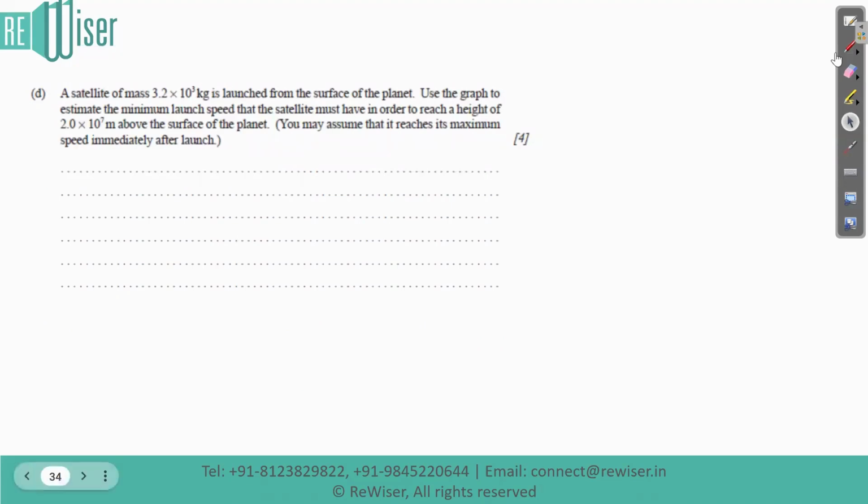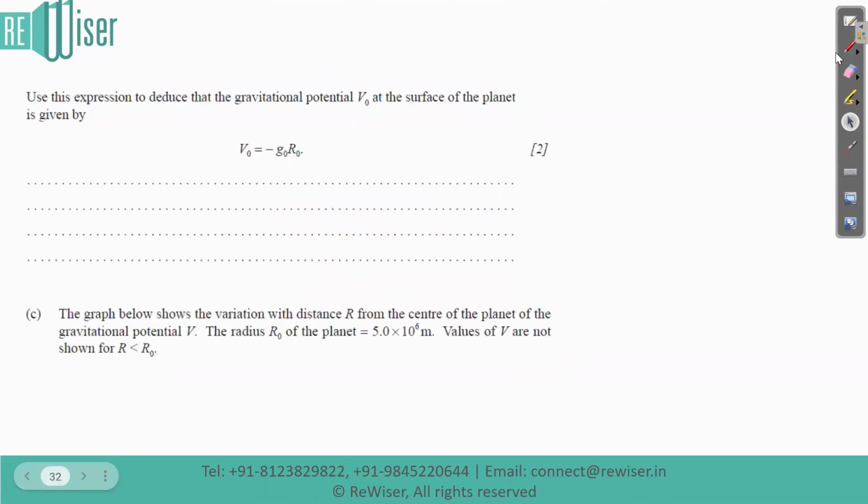So you see, the radius of the planet is 5 into 10 to the power 6, which I can also write as 0.5 into 10 to the power 7 meters.